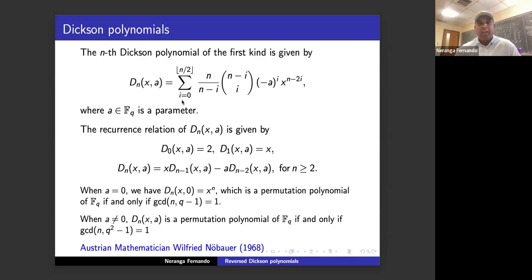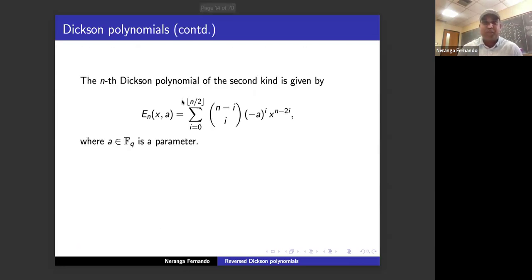So now the Dickson polynomials are a very well known family of polynomials. And why are they called the first kind? Because it was Schur who named these polynomials in Dickson's honor in the 1920s, because he introduced another variant of Dickson polynomials, and now we call them the Dickson polynomials of the second kind.